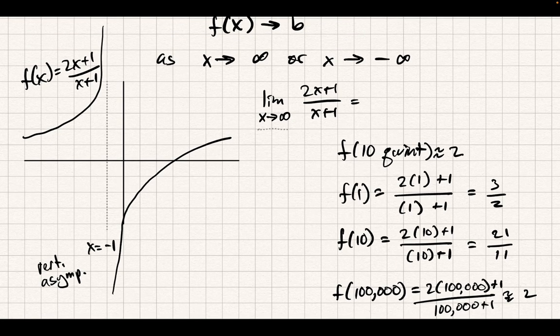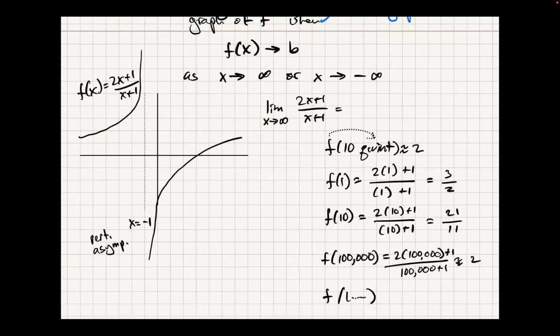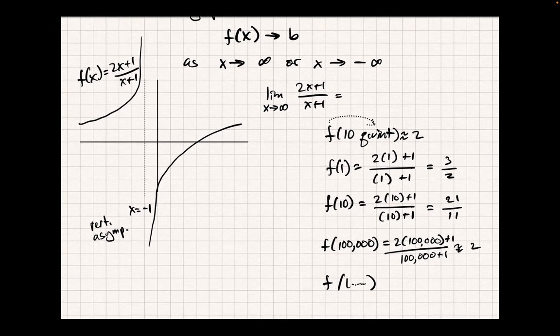So in my limit, as x approaches infinity of 2x plus 1 over x plus 1, it equals what? This is my way of saying let x get super, super big. We're looking at increasingly larger numbers and seeing that they're getting closer and closer to 2.